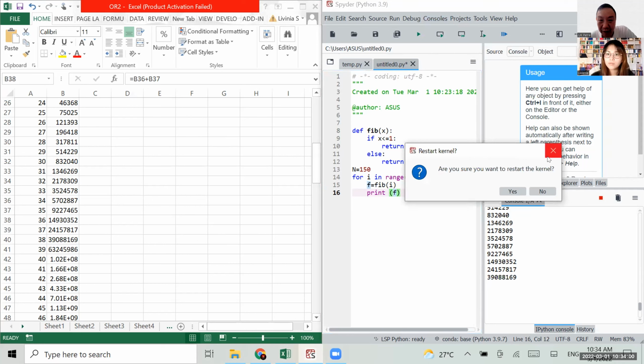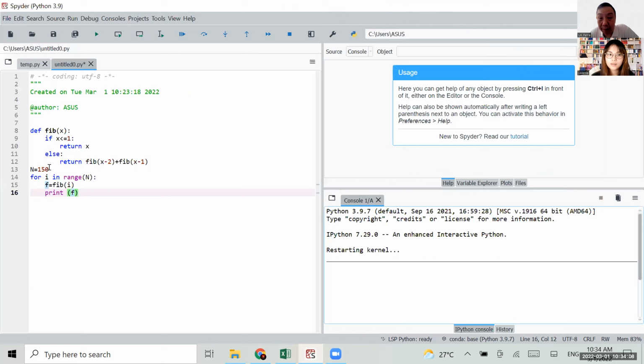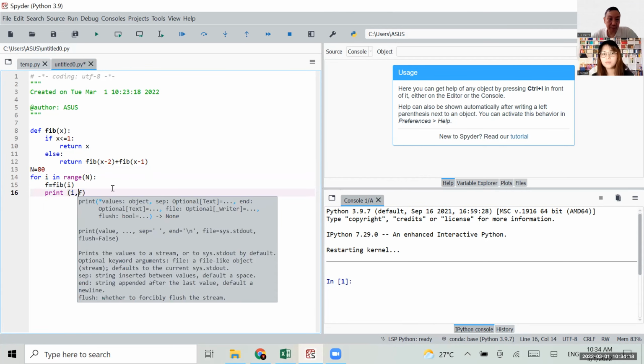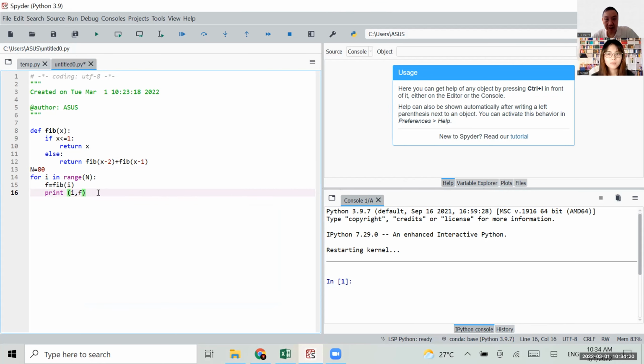And then N 150 is too big. After you click yes, restart kernel, you change to 80. N is up to 80 only. And then print i, comma f, so that you will see the actual value, right? Good.